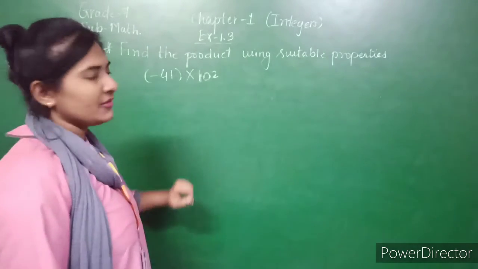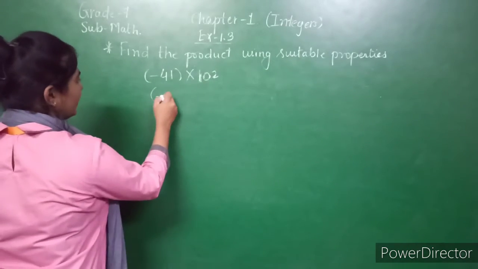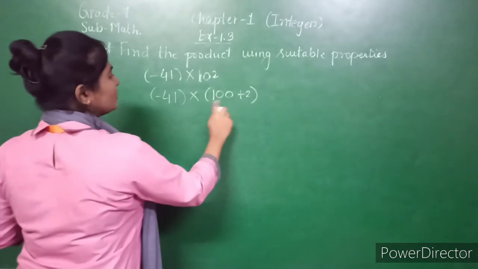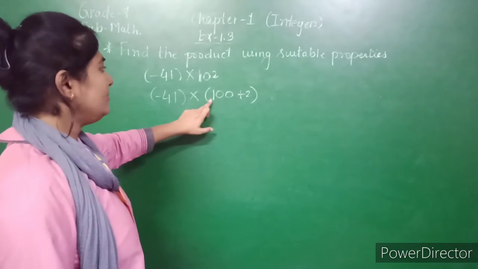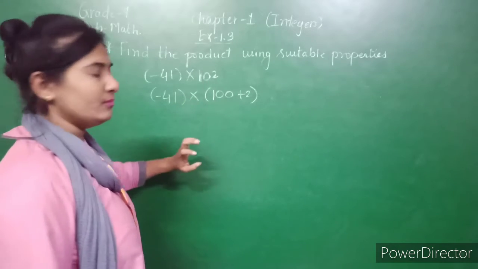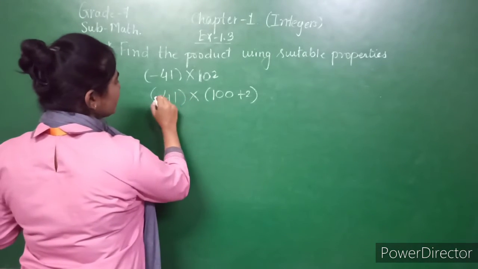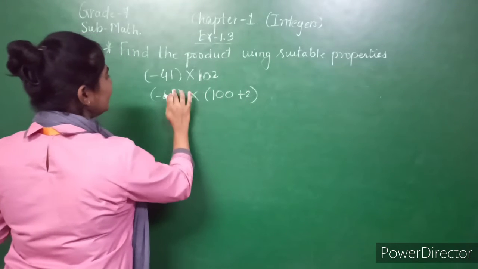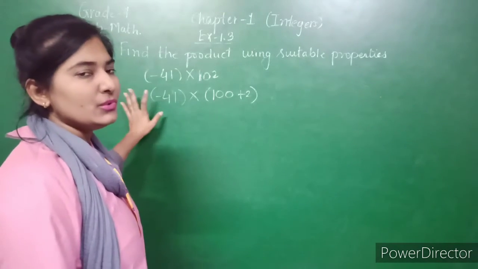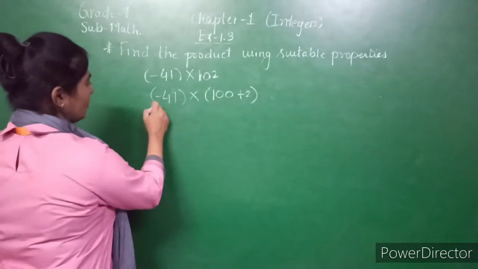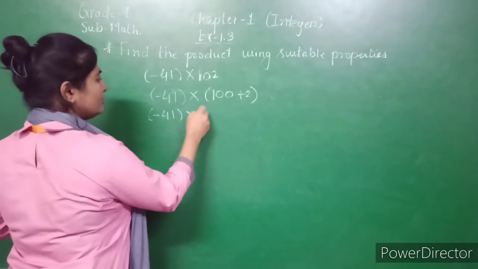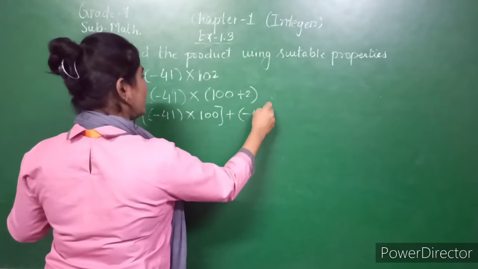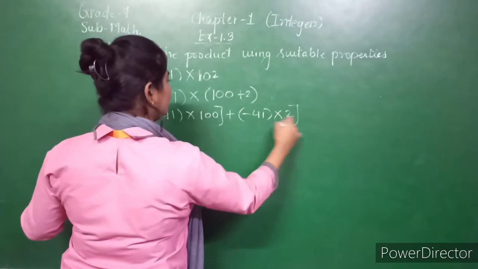Now minus 41 into 102. So here I can write minus 41 and here 100 plus 2. So it is 102. The thing is same if you are writing 100 plus 2 or 102. So here I have to give this minus 41 to both the numbers. So this indicates that on this we have to use distributive property. So minus 41 into 100 plus minus 41 into 2.